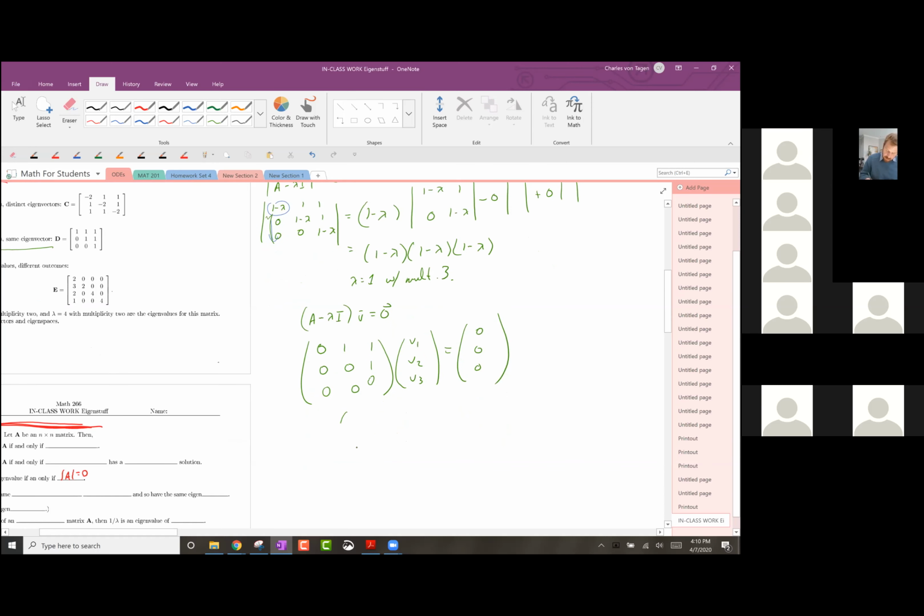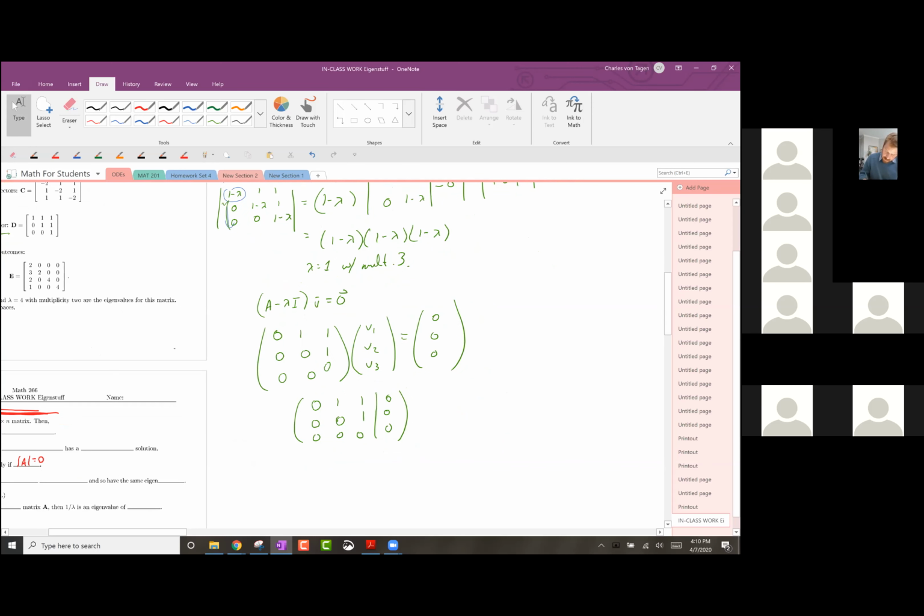So when we put this into row reduce, it will have 0, 1, 1, 0, 0, 1, 0, 0, 0, augmenting it with 0, 0, 0. So what do we find here?